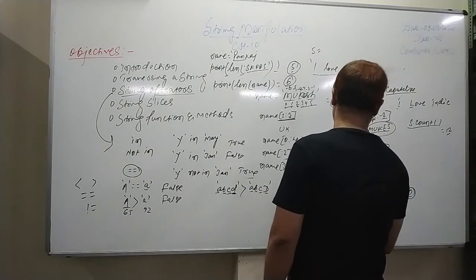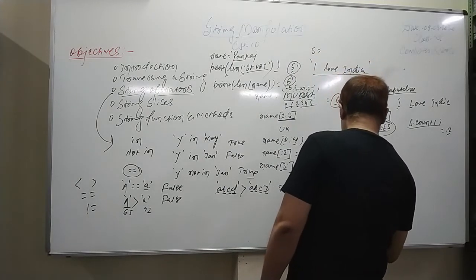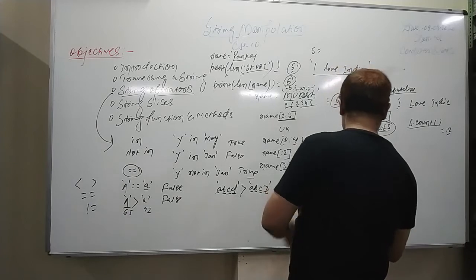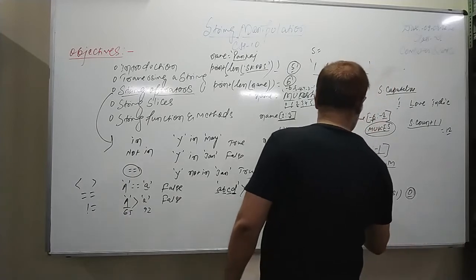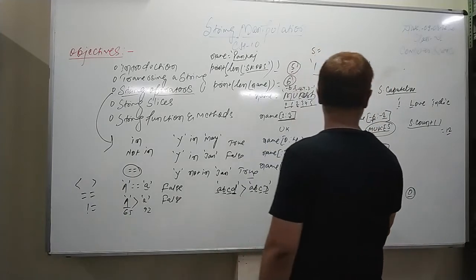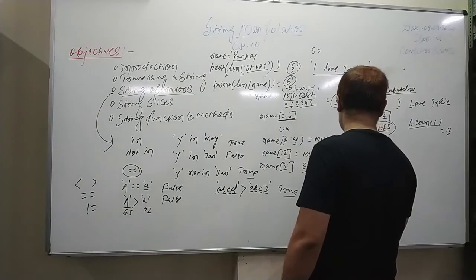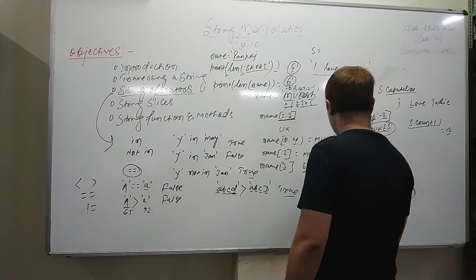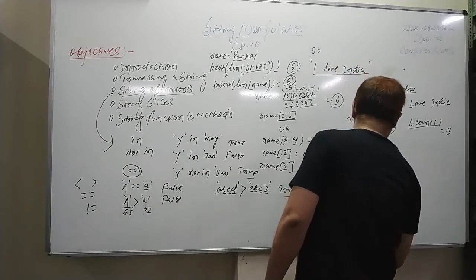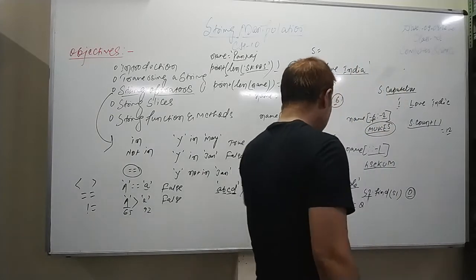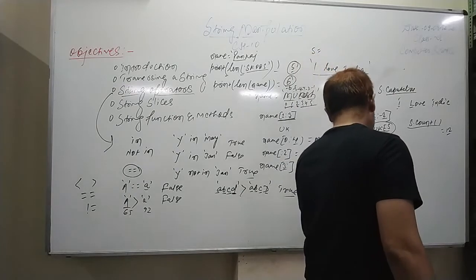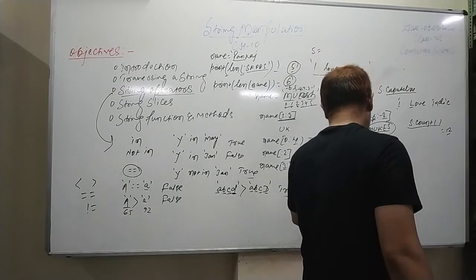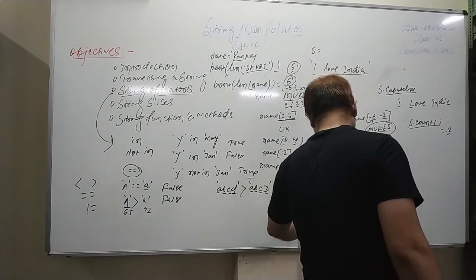S2 is a string, dot index, and then in brackets you say S1. If you are not mentioning any position from where to start, then it will simply find the index position in S2, and it is 0. So the index method will find the index position of a particular element in a string.